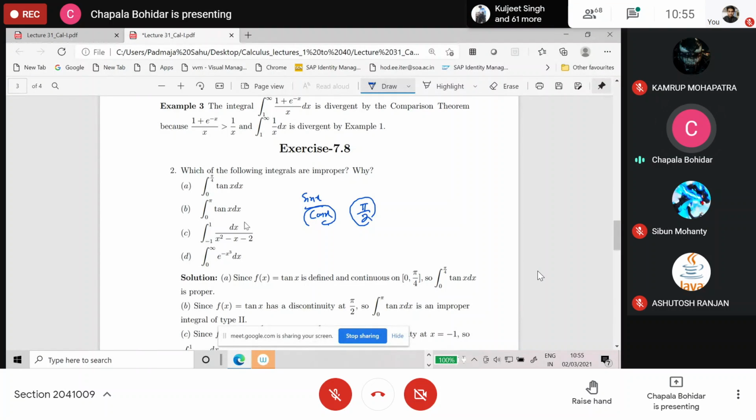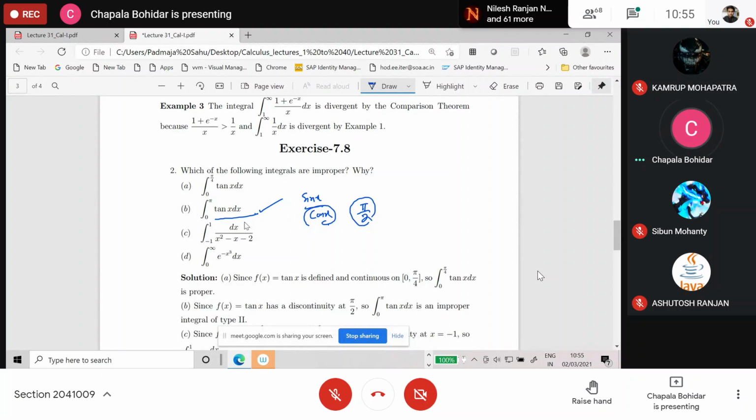So we say it is an improper integral of type 2. Then we write 0 to pi by 2, then pi by 2 to pi. Then we consider t tends to pi by 2 minus, t tends to pi by 2 plus. Then we solve. This is an improper integral.